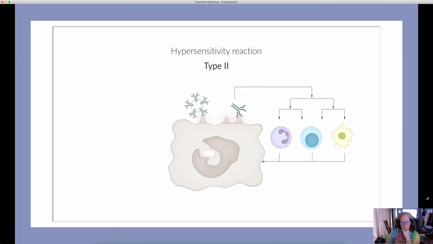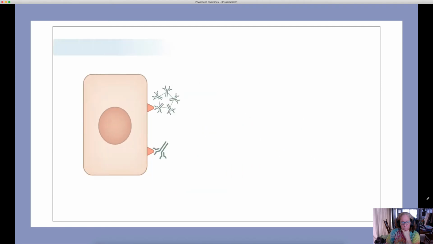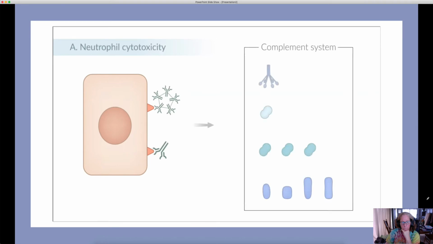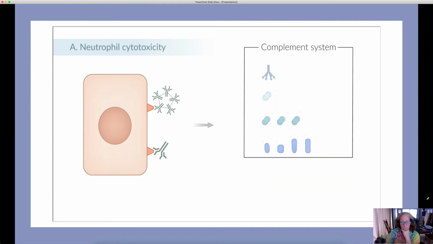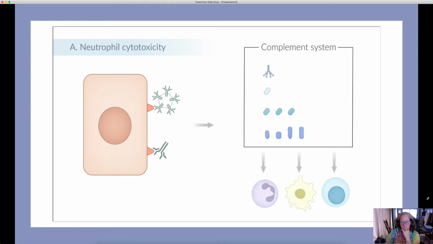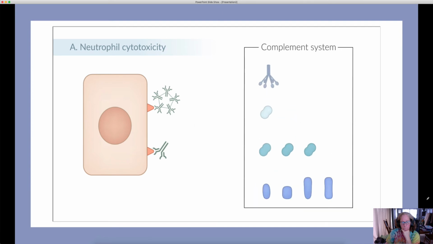Let's take a more detailed look at the mechanisms involved. Antibody binding to the antigen primarily activates the complement system. This system comprises specific plasma proteins that act as a cascade, mediating further activation of immune cells and heightening the intensity of the response. The complement cascade is triggered by a complement protein that binds to the antigen-antibody complex on the cell.